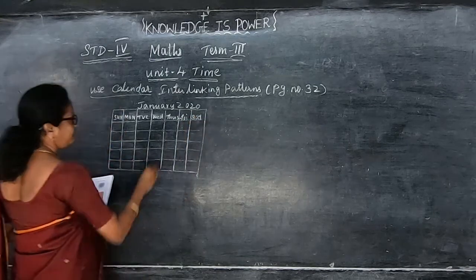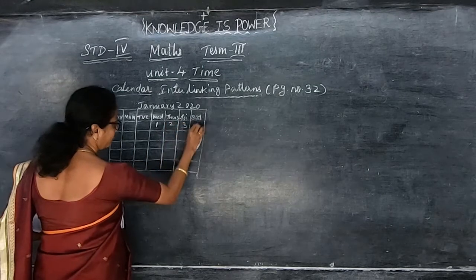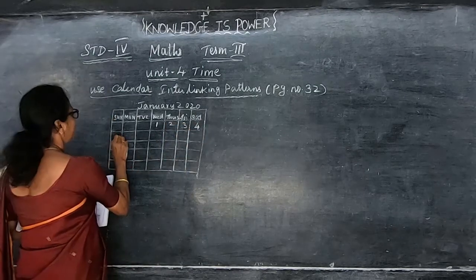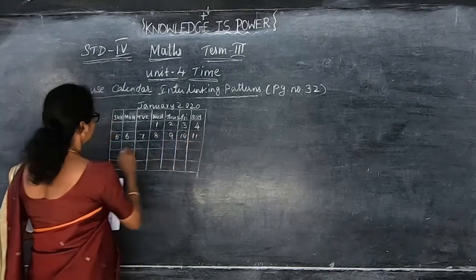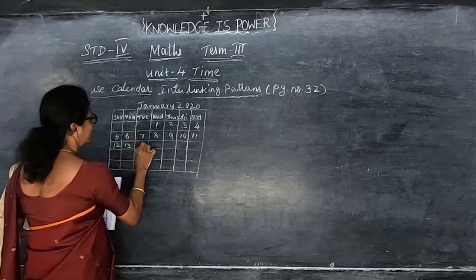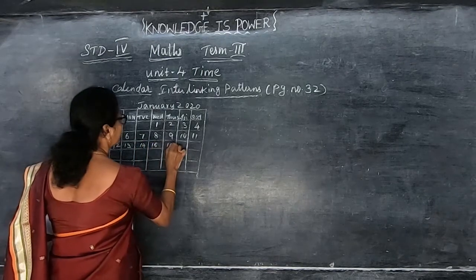So January 1st starts on Wednesday. So I will write the numbers 3, 4 and 5, 6. You know how to write the calendar. So 30 days or 31 days we have to write, okay.